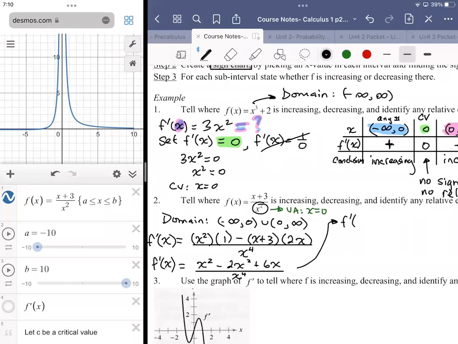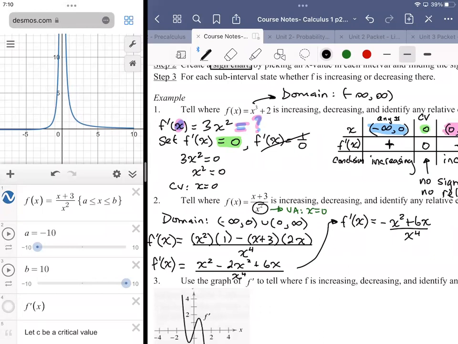So f prime of x is going to be negative 2x squared. I'm sorry, negative x squared, apologies. Plus 6x over x to the 4th.